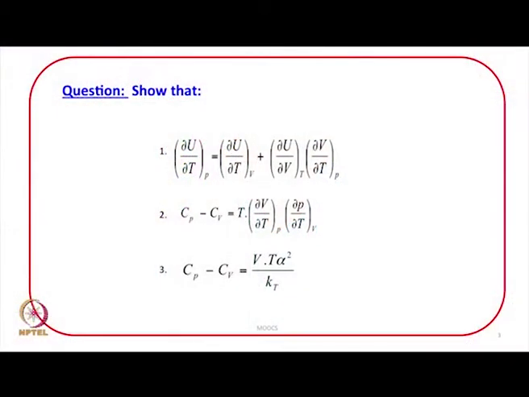Now, question number 3 is to show that Cp minus Cv is equal to V times T into alpha squared over the isothermal compressibility, kT. So we can use the equation that we derived to get this result. Let us see how we do that.